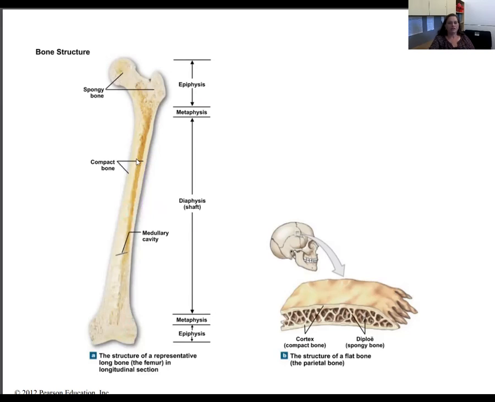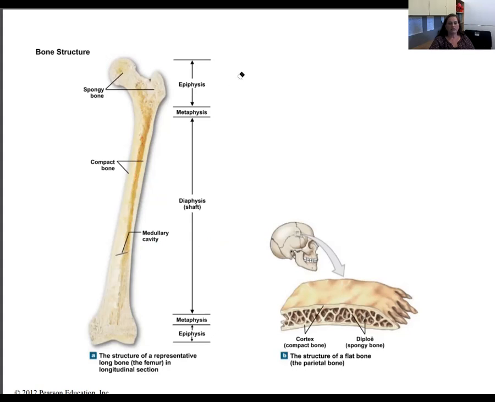Okay, then you have this space in the middle of your long bone. This entire space here where your bone marrow is going to be is called the medullary cavity. That's where your bone marrow is going to be. Then found within this inside space, you have an inside protective covering on that bone.